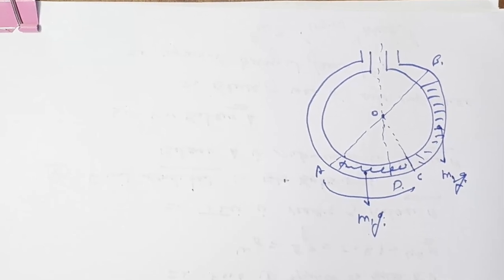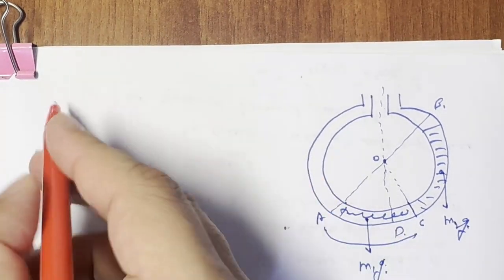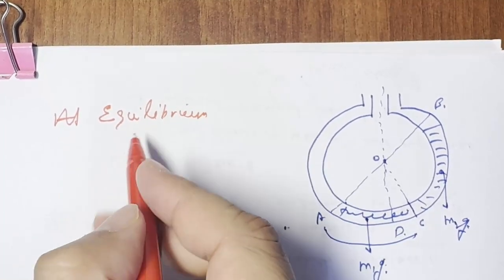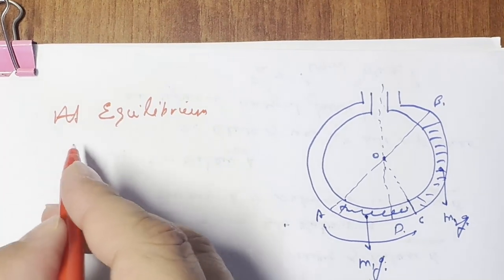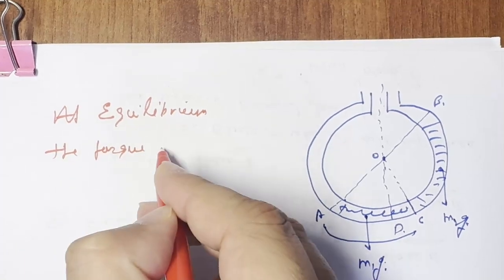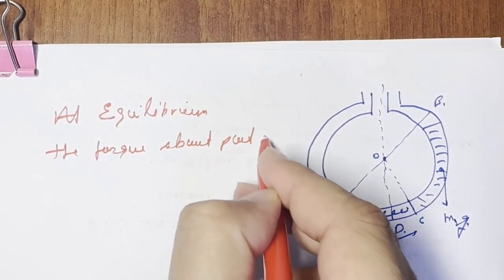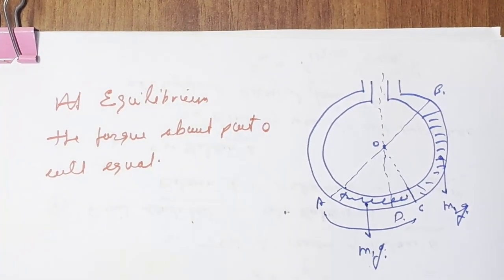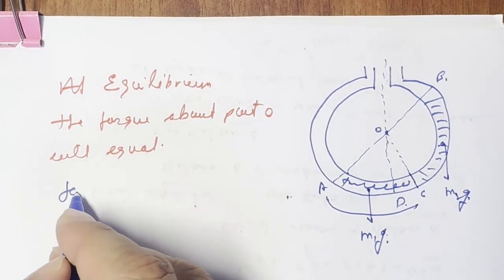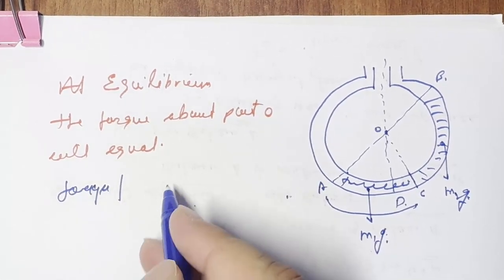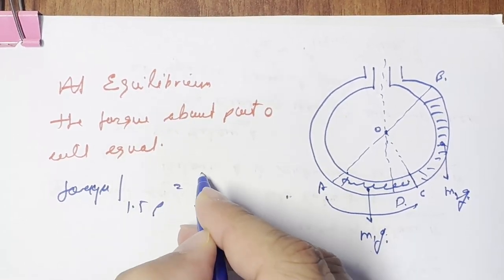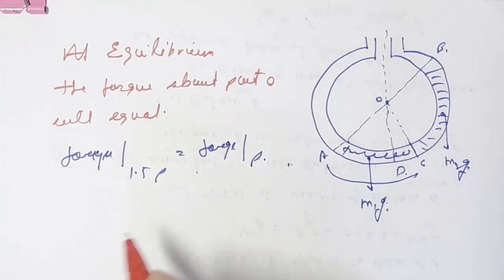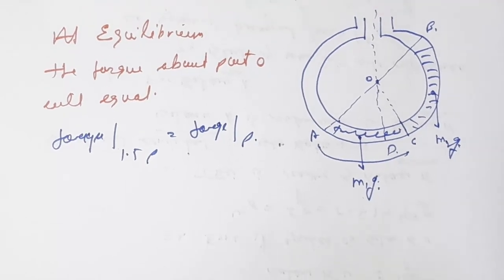So we can say that at equilibrium, the torque about point O will be equal, which means that the torque due to density of 1.5 rho will be equal to the torque due to density of rho.